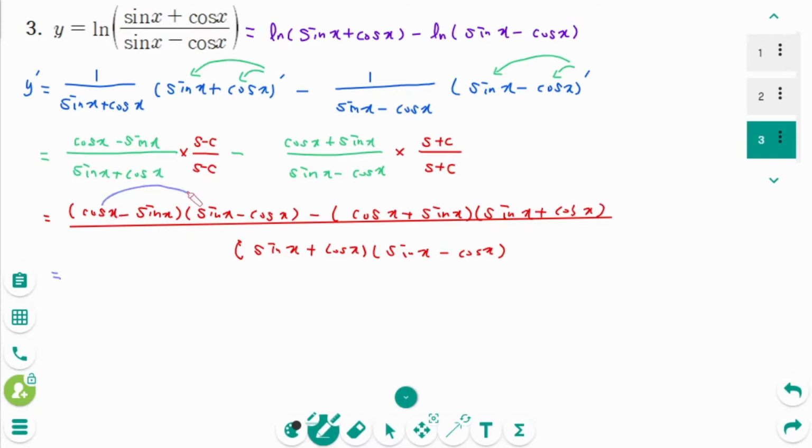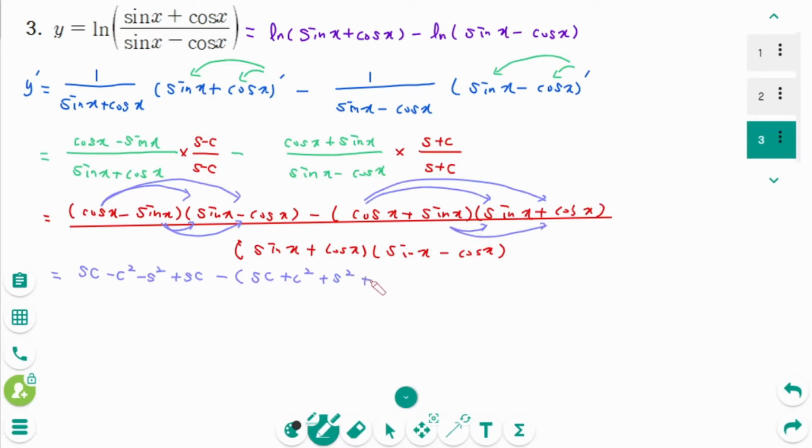Equals the first one: sine cosine minus cosine squared minus sine squared, plus sine times cosine minus sine times cosine plus cosine squared plus sine squared plus sine times cosine, over, expand.